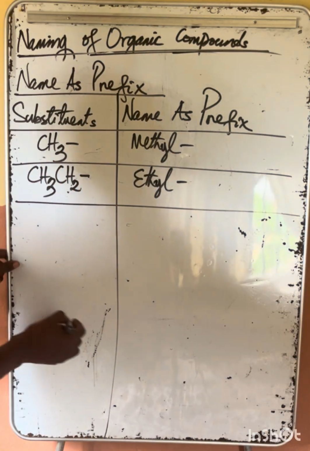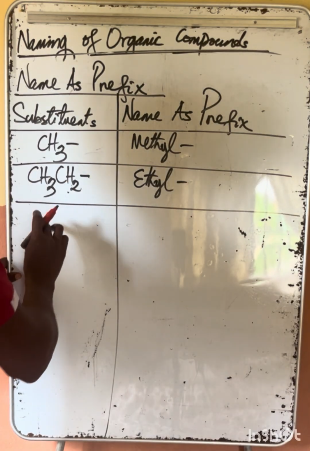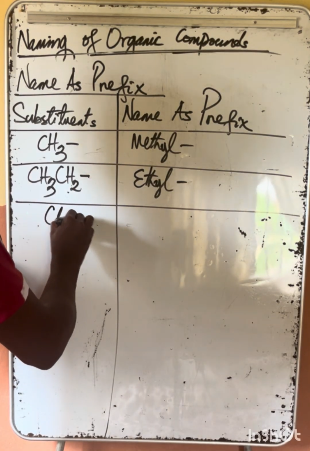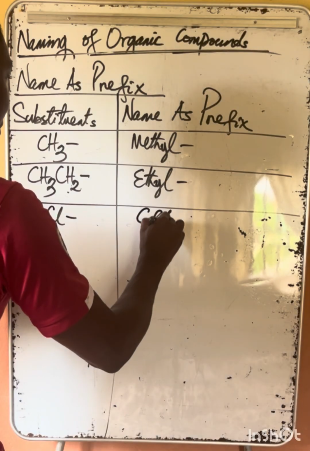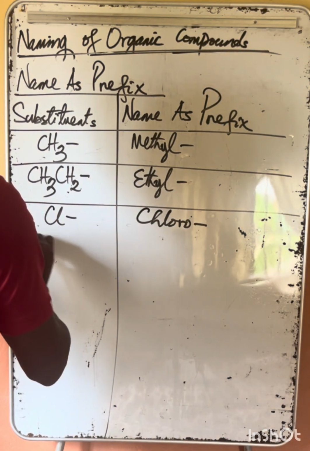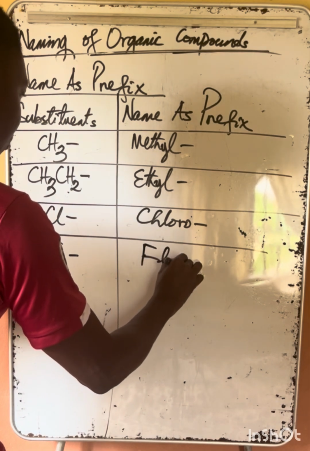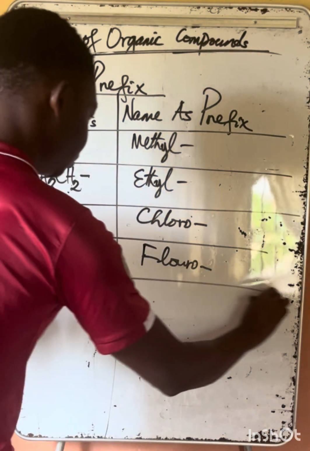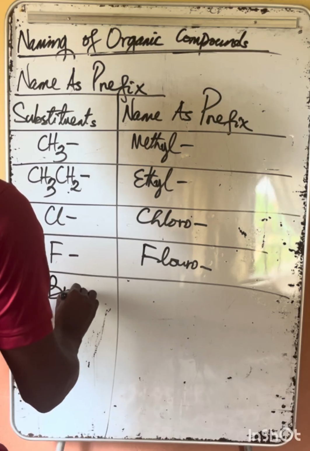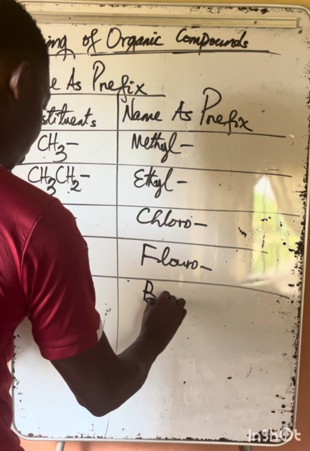Then we have other atoms like the halogens, like chlorine is chloro. Fluorine is fluoro. Bromine is bromo.